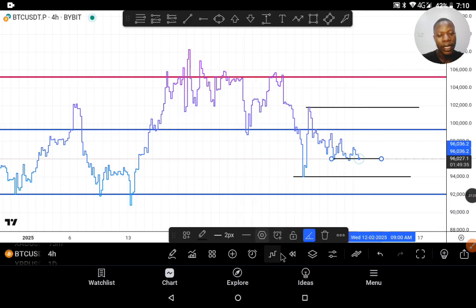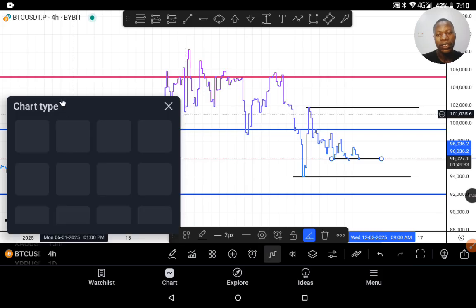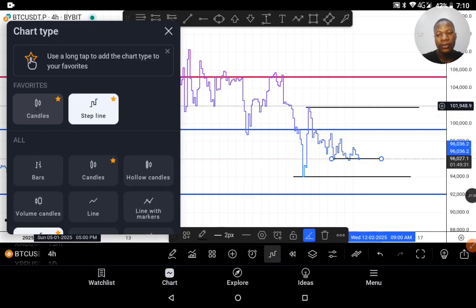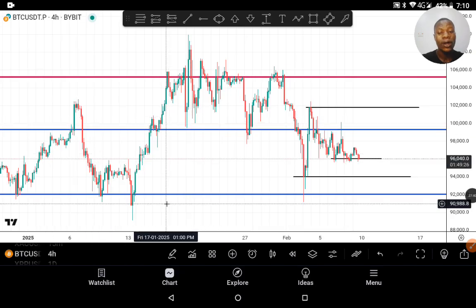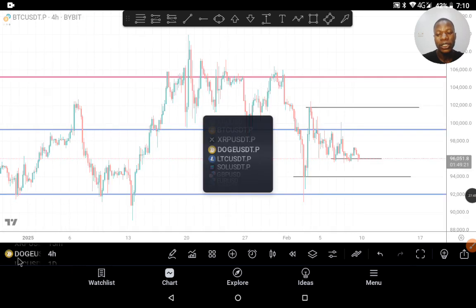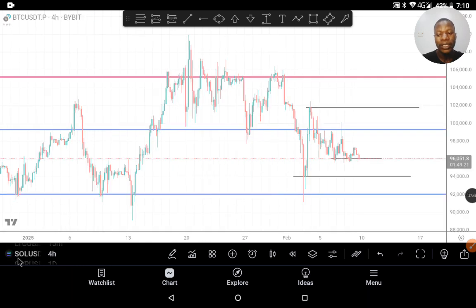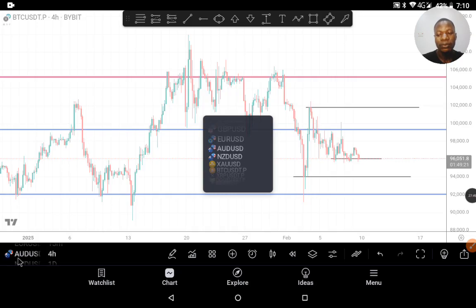So let's switch back to candle chart type. So this is applicable to all kinds of markets. So this is cryptocurrency market, BTC. Let's see one or two examples on forex market.